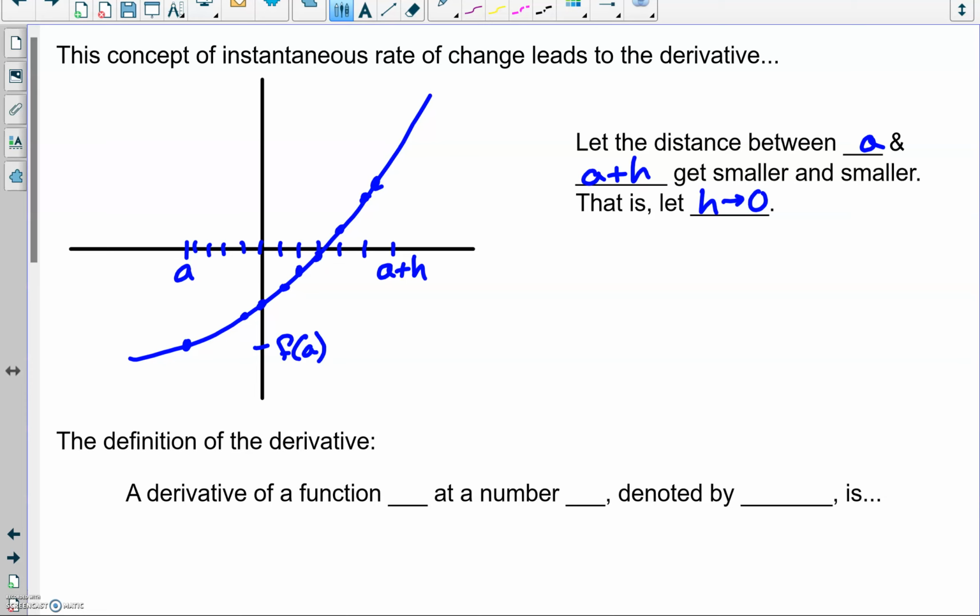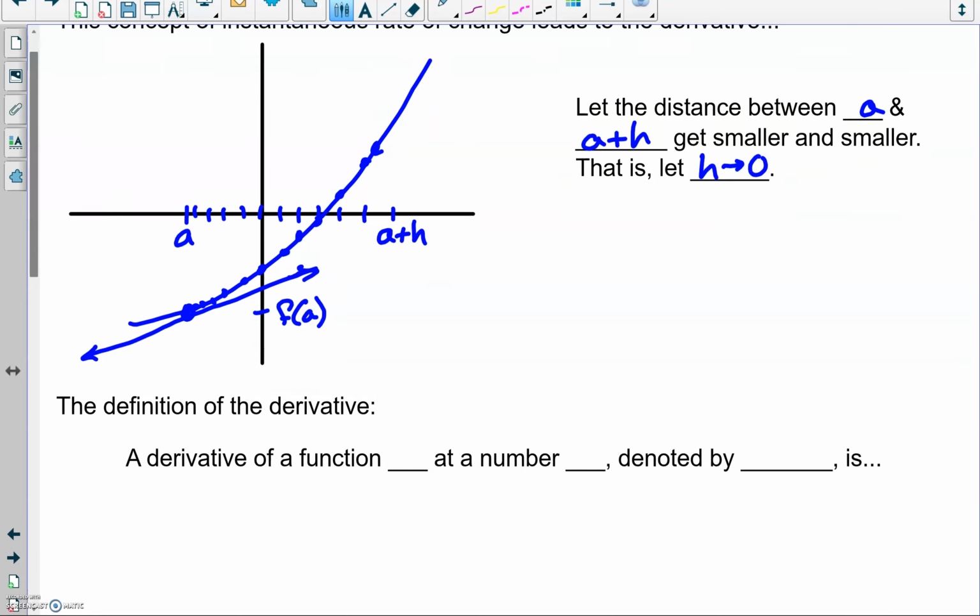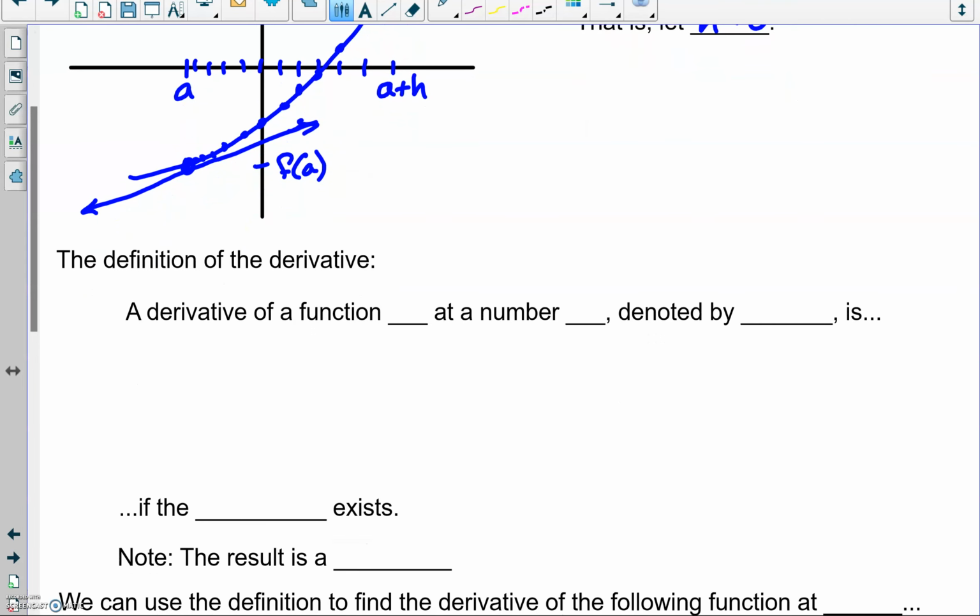So as h is going to 0, the distance between those 2 points we're using is getting smaller and smaller, and that will essentially allow us to find the slope of the tangent line when we put the 2 points into a slope formula and let h go to 0.